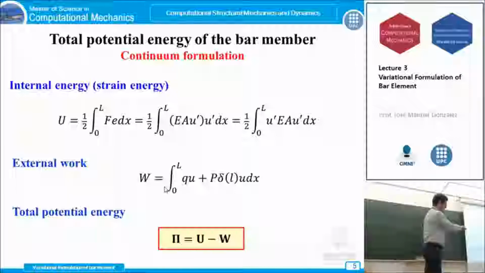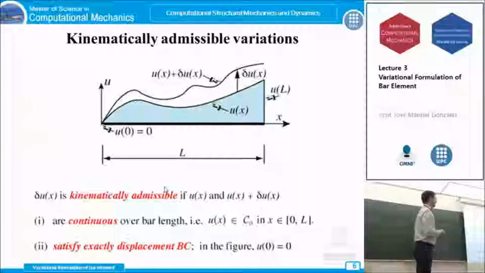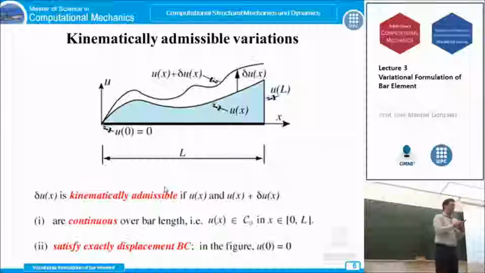So let's see what we can do with this total potential energy. First of all, we're going to talk about these kinematically admissible variations. We need them for the formulation. So we start considering this bar element with length L, and from the continuum point of view, a displacement function along this length of the bar element, taking into account that this displacement function must satisfy two conditions.